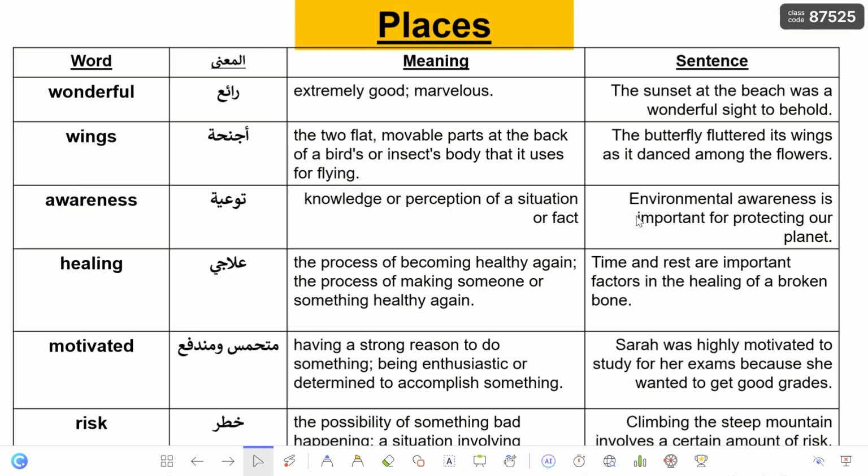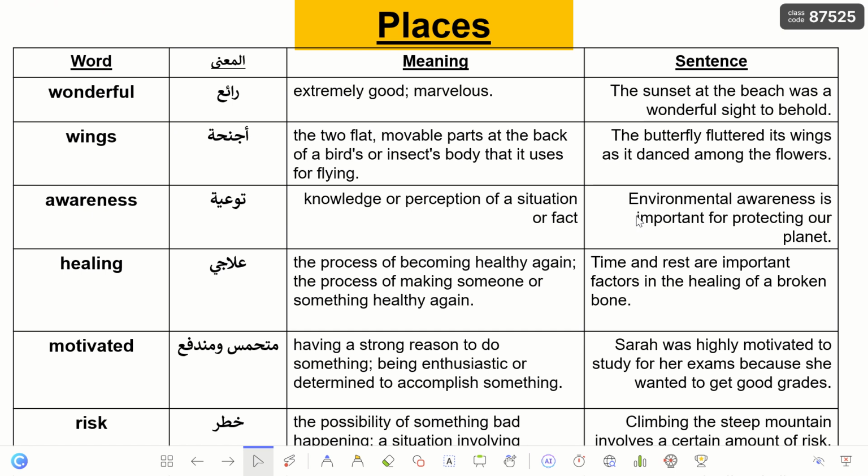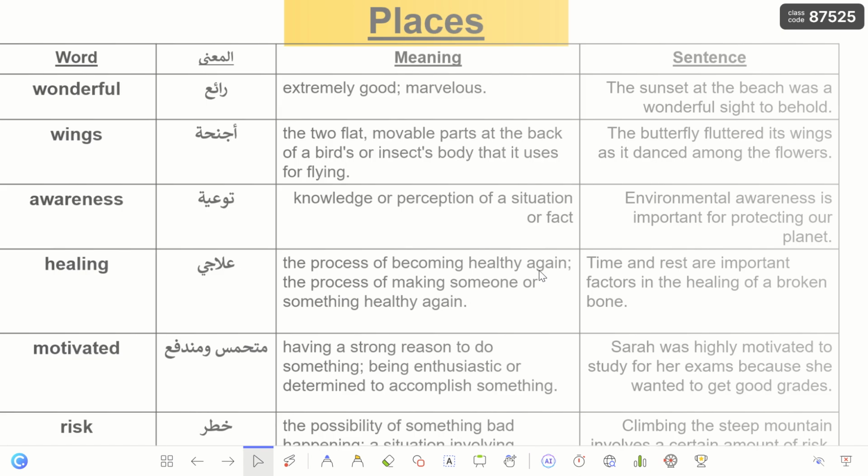So here I put for you the list of these words with their definitions, their meaning in English, and an example on each one of them. So this is your personal responsibility to read and to understand and to memorize, to use sentences, or at least to know how to use them to fill in the blanks, or to understand them when they come in your exam.